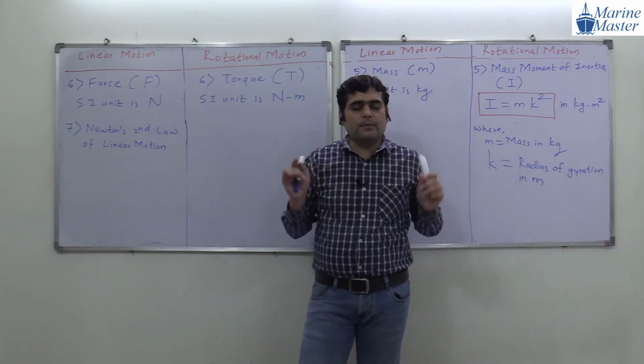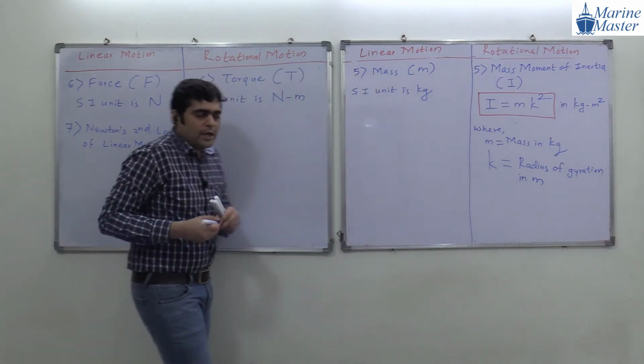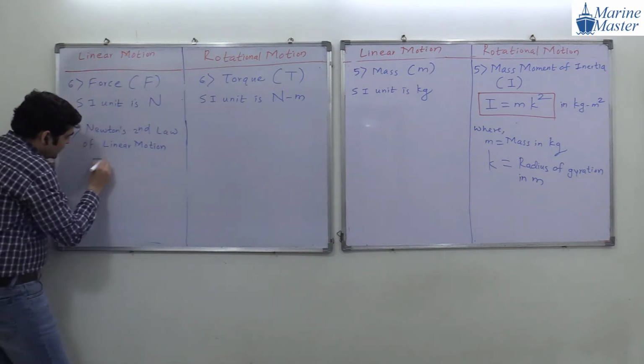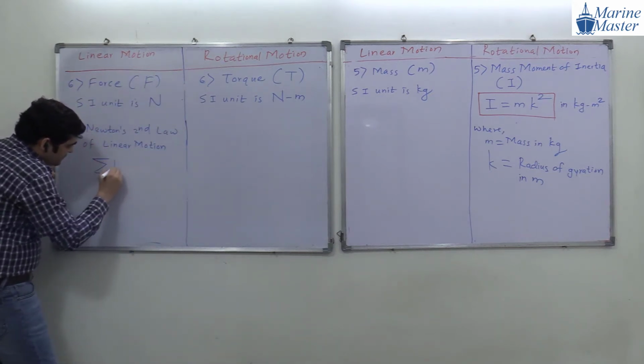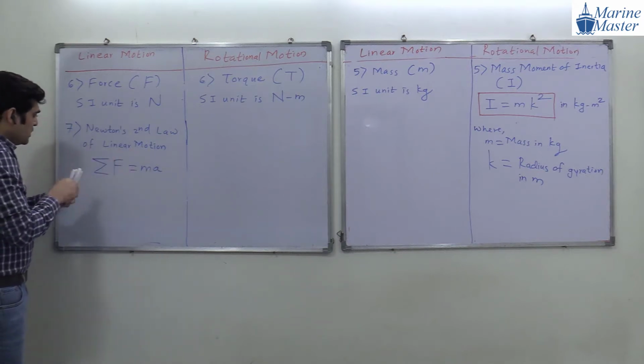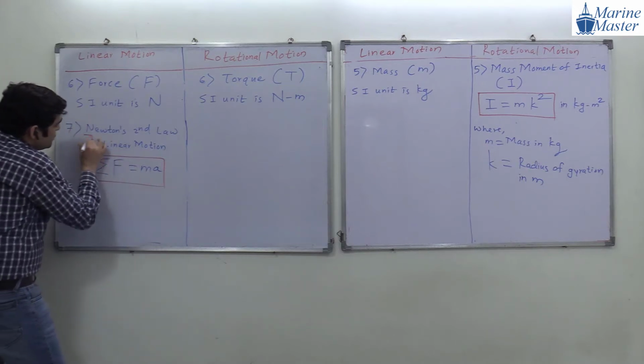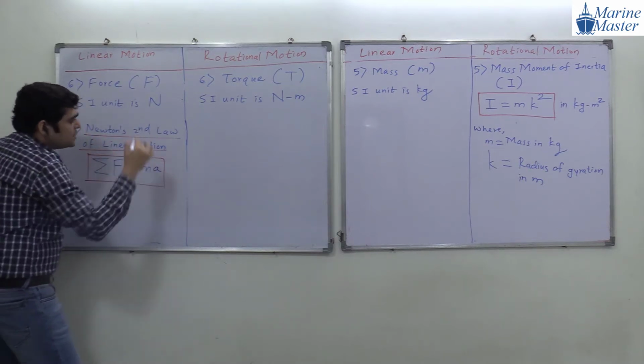Summation of forces will be equal to what, guys? Ma. Okay. Summation of forces is equal to mass into acceleration. So that is our Newton's second law of linear motion. Everyone getting my point? Try to see the scenario.